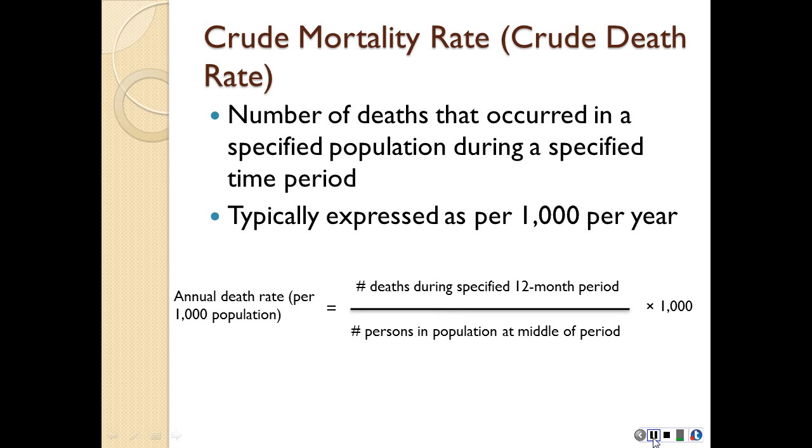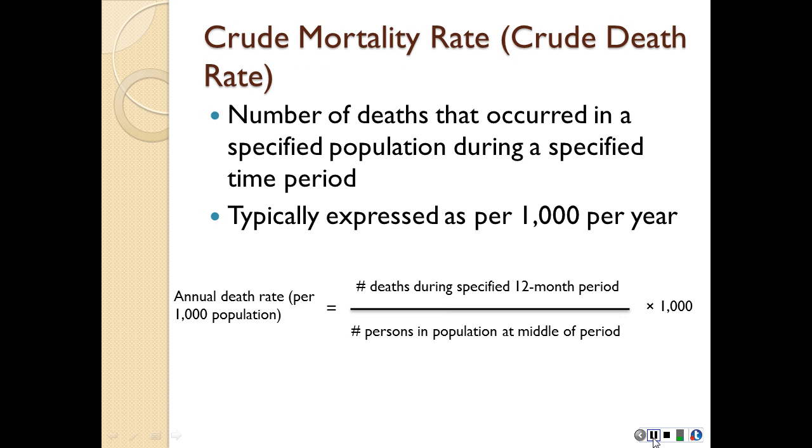So remember last week we talked about crude rates and stratum-specific rates. We briefly touched on adjusted rates, right? Your crude mortality rate, anytime it says crude, that means that's the actual number that you calculate from the population. You have not broken the population down. You have not made any mathematical adjustments.